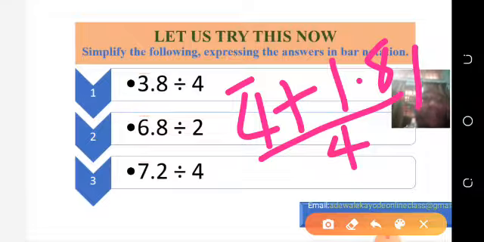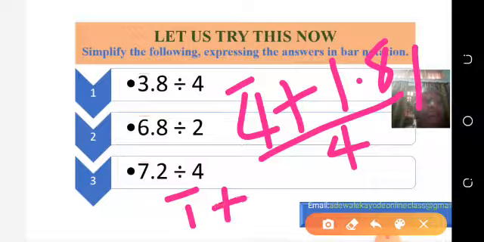Let's divide that now. 4 divided by bar 4. Good. Bar 1 plus 4 divided by 1. That is 0. When you take that 1 to that side, that will give us what?